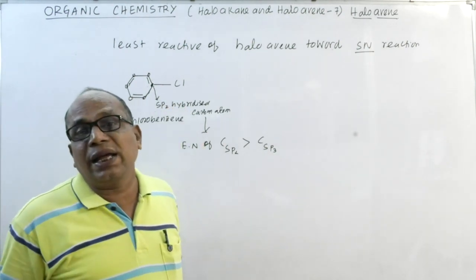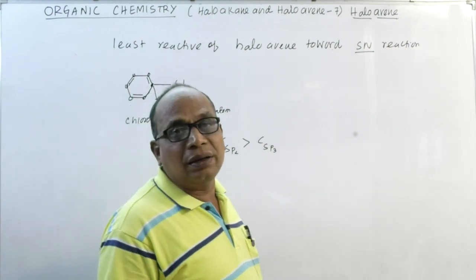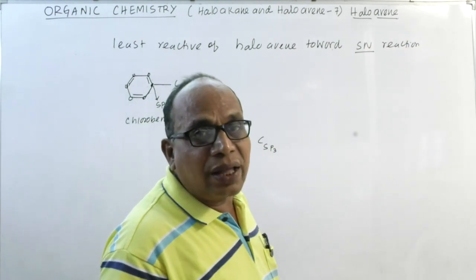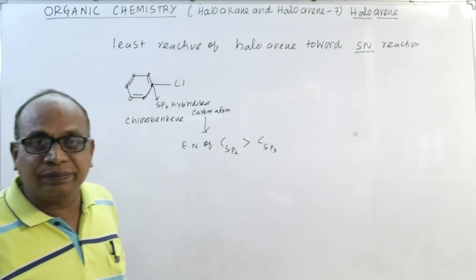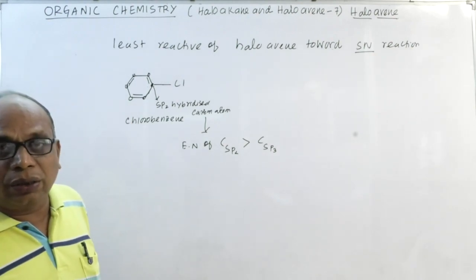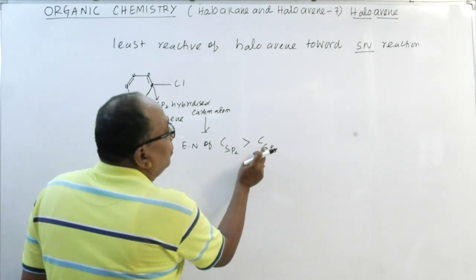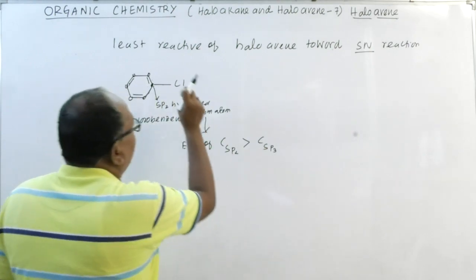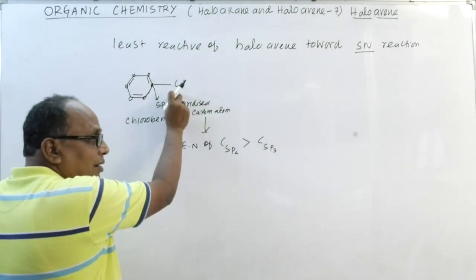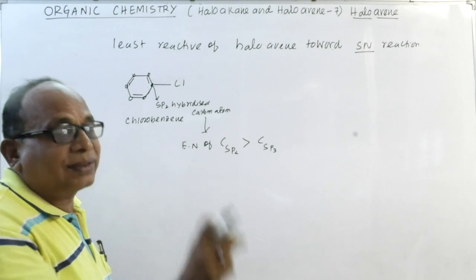The more the s character in the hybrid orbital, the more the electronegativity.